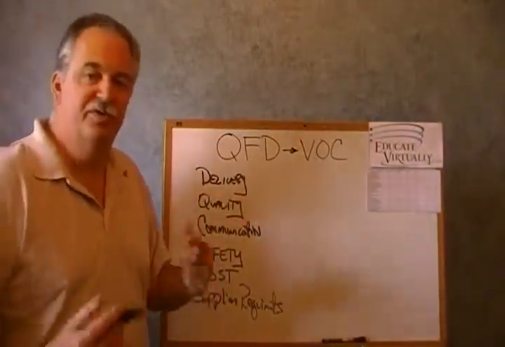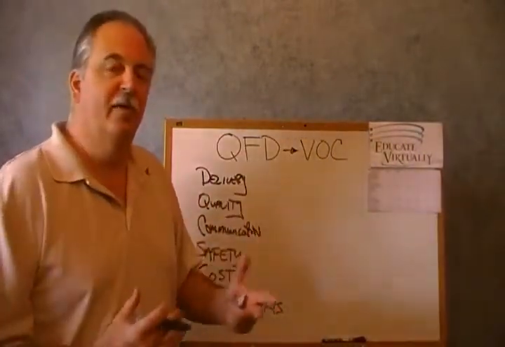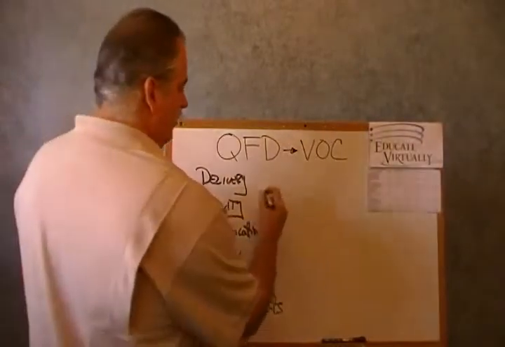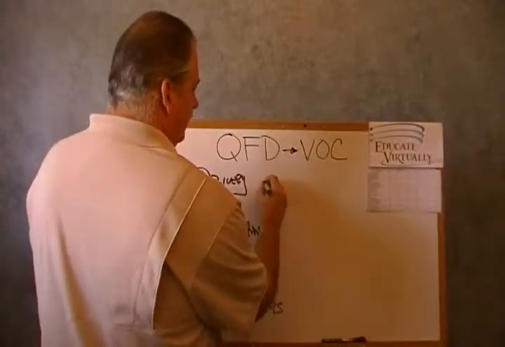Then what we want to do is turn those into a rated and ranked grouping. So to rate and rank them, we start with how important they are to the business.